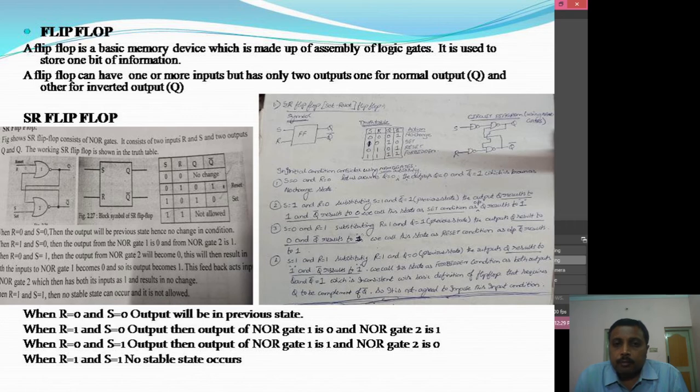Since it's a flip-flop, the output should change. That is, if Q is equal to 0, Q bar should be 1, or when Q bar is equal to 0, Q should be 1. But in this final state, when S and R are both 1, the outputs Q and Q bar are again 1. So this condition we will call the forbidden state.